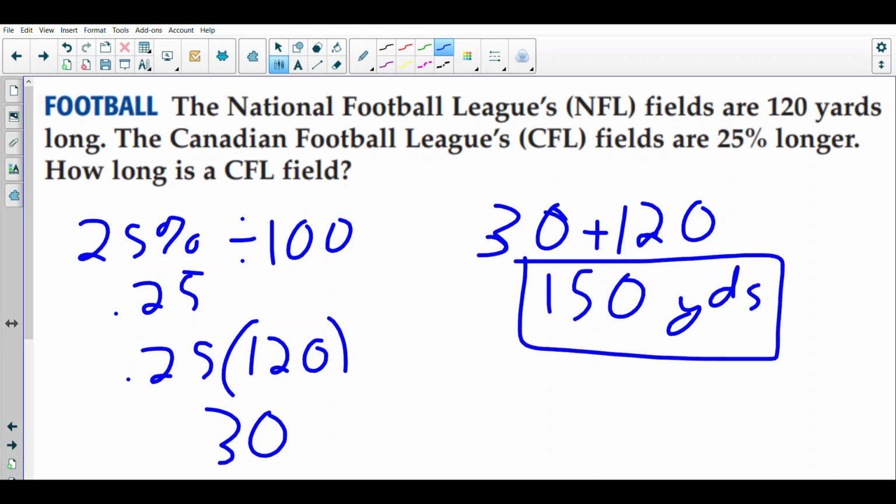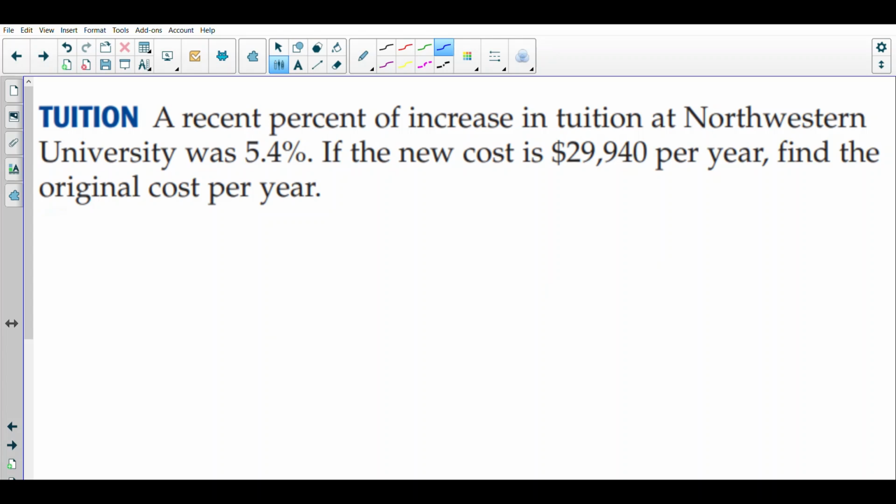And there you go. A recent percent of increase: the increase in tuition at Northwestern University was 5.4%. If the new cost is $29,940 per year, find the original cost per year. Once again, we go back to the directions in the slides.